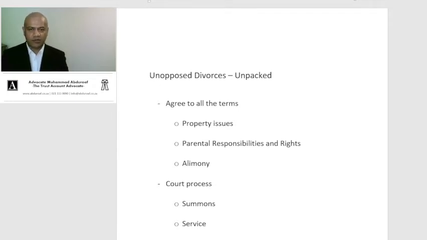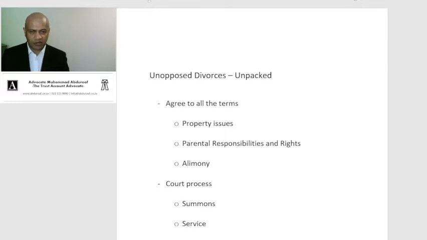First and foremost, a divorce would not be unopposed unless both parties agree to the terms of the divorce. If, for argument's sake, the parties agree that the marriage has broken down, the wife or husband does not want alimony or personal maintenance, and they even agree that the minor child should live with the father, who can have primary residency.